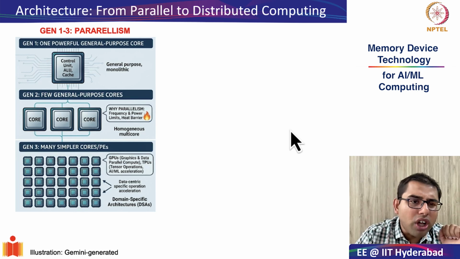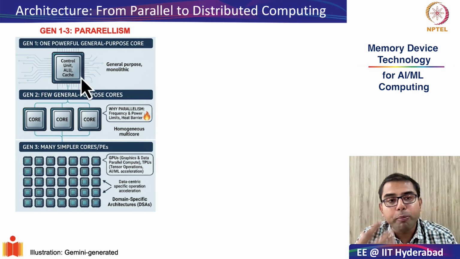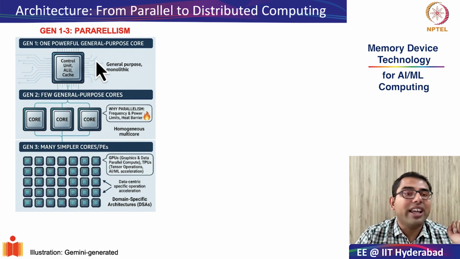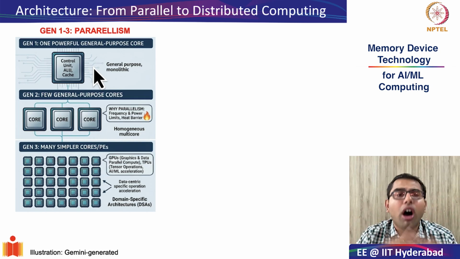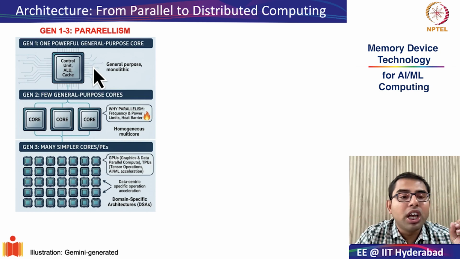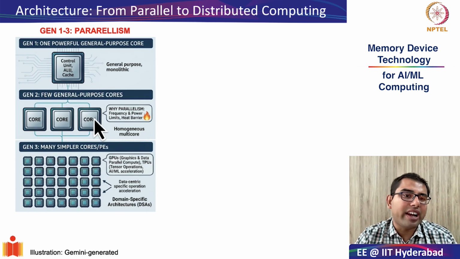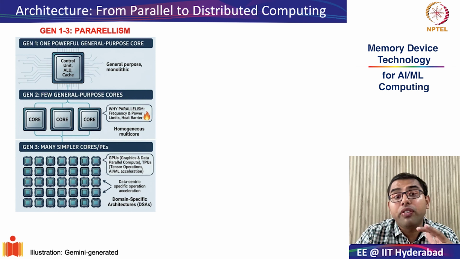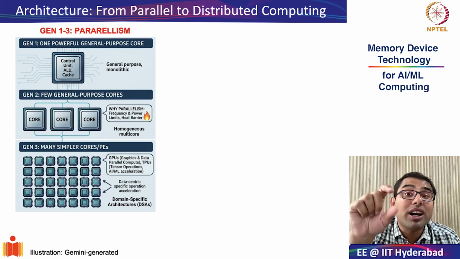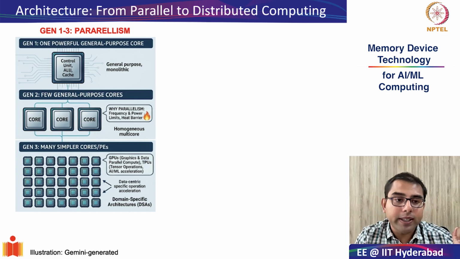Finally, we step into the architectural level and look at how computing is evolving from parallel computing to distributed computing. Now, we saw some features of having parallelism. Earlier, in generation 1, we just had one single large core which was doing all kinds of activities. This was split into multi-core architecture for some parallelism and also managing the heat and the frequency limitations that were coming due to CMOS scaling.